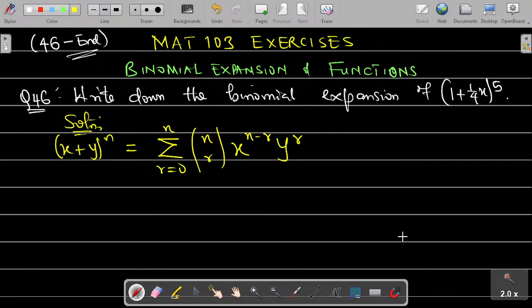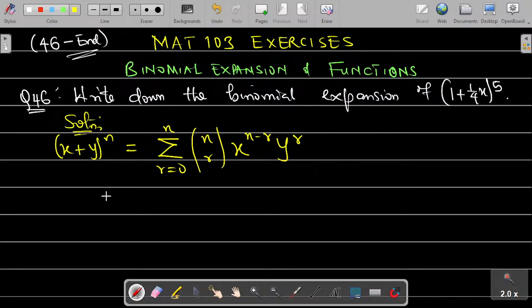This is the definition for binomial expansion, the expansion of any binomial term to any given positive integer power. So this is what we're going to use to expand this.